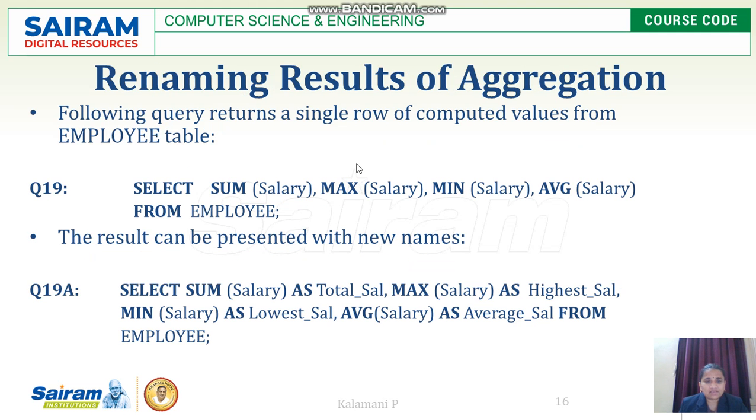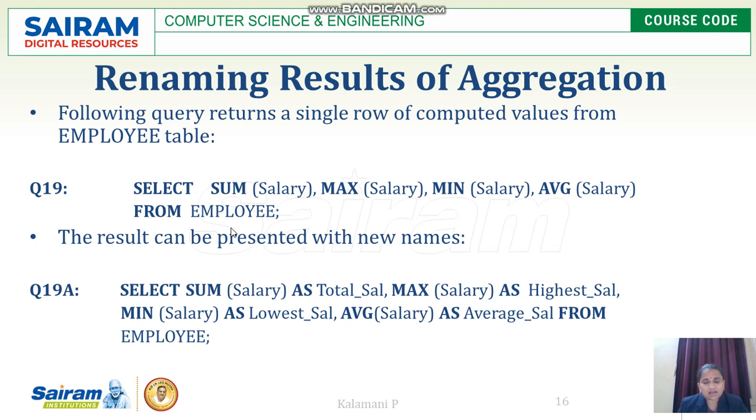So here we have applied this first, initially without grouping. Suppose we want to retrieve the total salary, maximum salary, minimum salary and average salary of employees. We can give: select sum of salary, max of salary, min of salary, AVG of salary from employee.